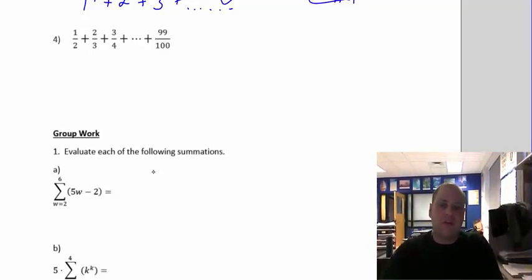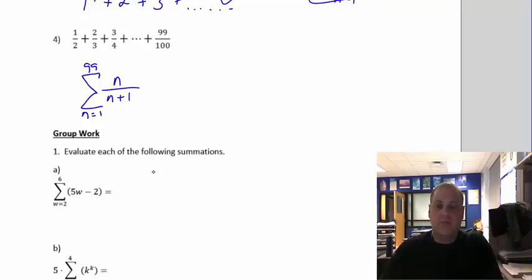So there's a couple ways to do this. You could say sigma 1 to 99, and it'll be n over n plus 1. You can put that in parentheses if you want, because now you plug in 1, 1 plus 1 is 2, you'll get 1/2. You plug in 2, 2 plus 1, 2 over 3.